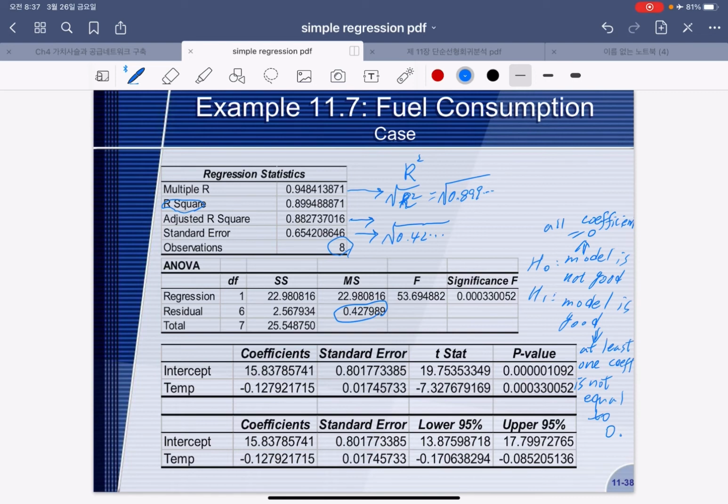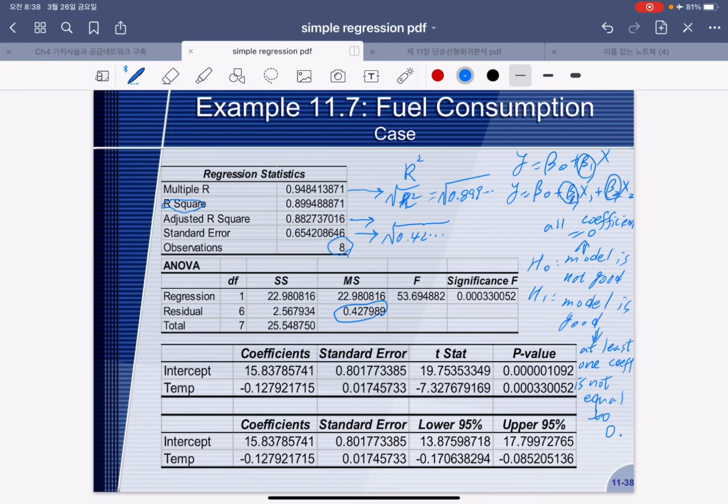Now, for the simple regression case, there is only one coefficient. Remember that y is equal to beta 0 plus beta 1 x. This is a true regression line. In this case, only one coefficient. If you have two independent variables, we have two coefficients.